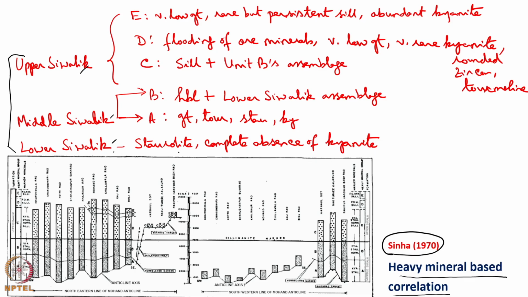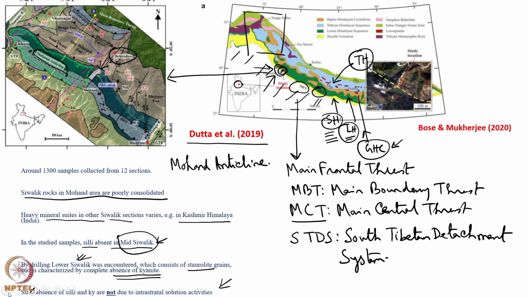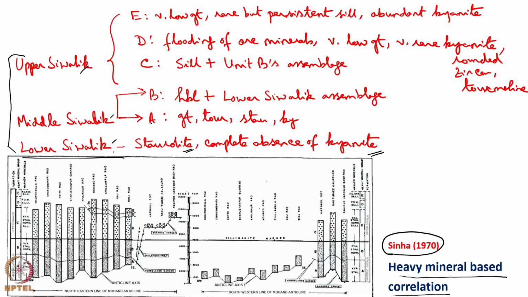In lower Shivalik he found staurolite is present and there is a complete absence of kyanite. This lower Shivalik I was referring to in the previous slide, that by drilling, lower Shivalik was found from the Mohand region. The middle Shivalik has been divided into two parts, A and B.